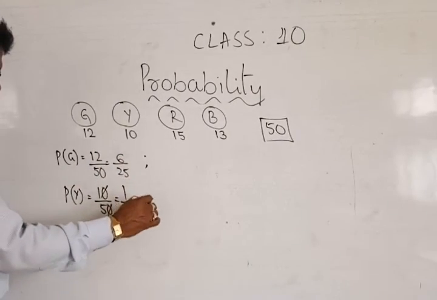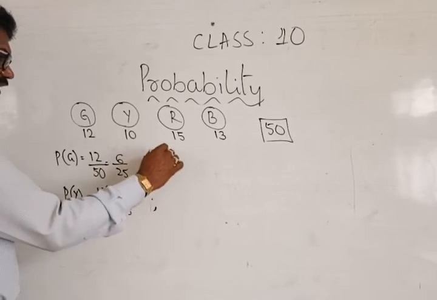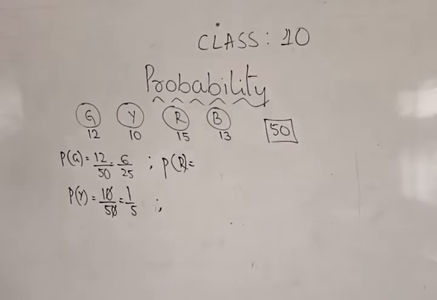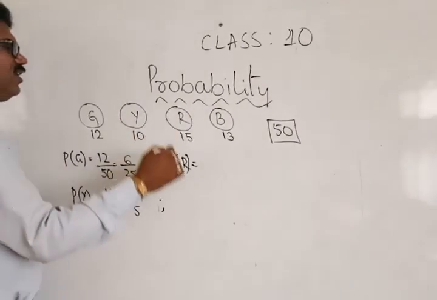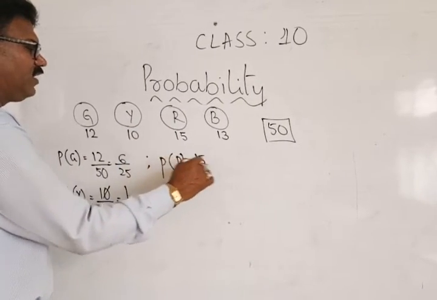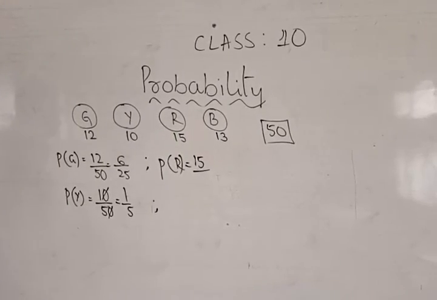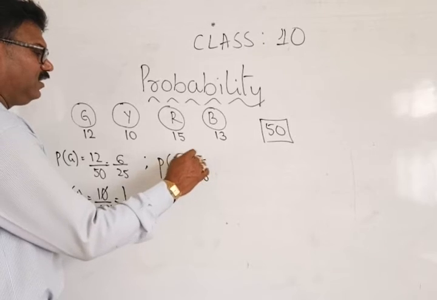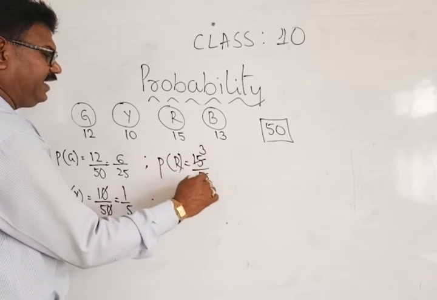Next, probability of red marbles. How many favorable outcomes? 15 favorable outcomes. How many total number of outcomes? 50. Therefore, divide by 5, 3 by 10.